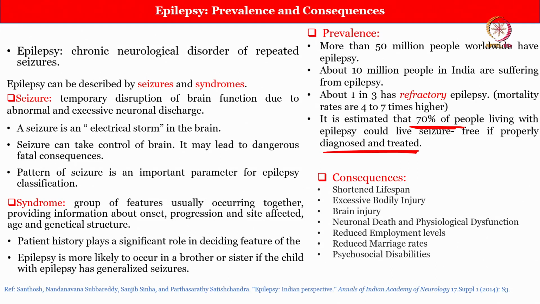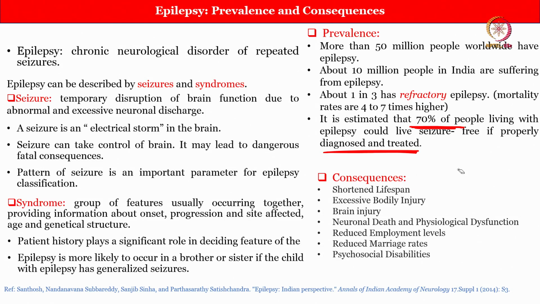But what are the consequences of this particular disease? One is a shortened lifespan, it reduces the lifespan of a person. Second is excessive bodily injury, because a person can suddenly fall, and cannot control himself or herself. Next, there is brain injury, every time an episode occurs there is an injury to the brain.